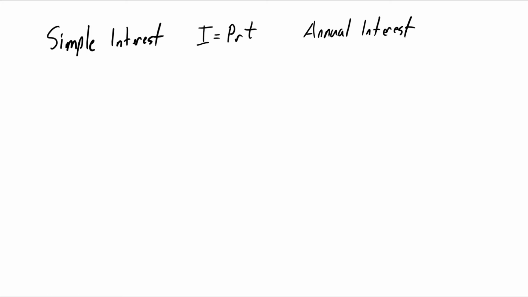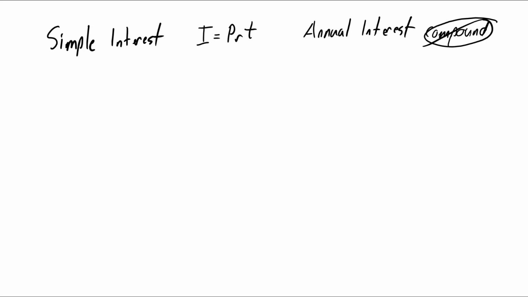Now, if it says annual interest compounded monthly, then that's compound interest. But if it just says 5% annual interest, that's typically going to be simple interest. The easy way to pick these out is it will not say the word compound in the problem. So picking out the simple interest problems is actually much easier than people make it.